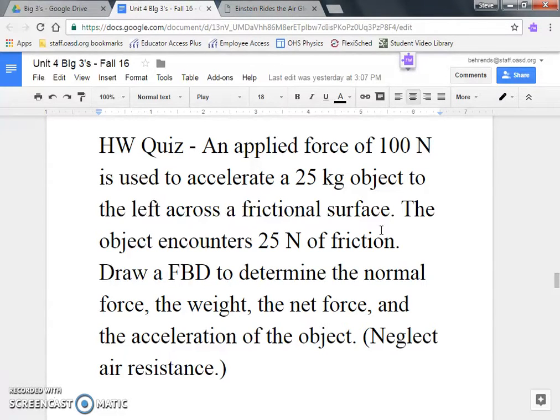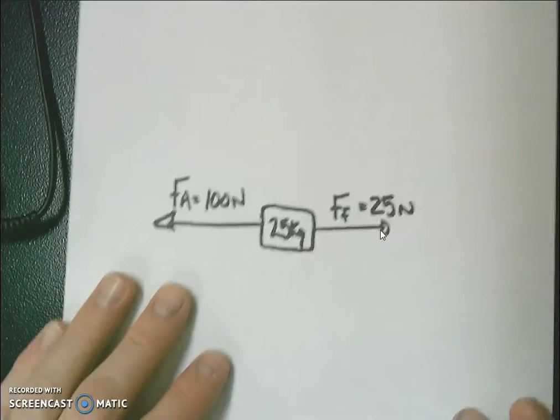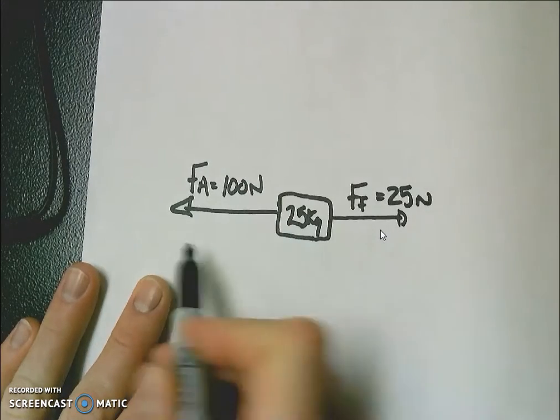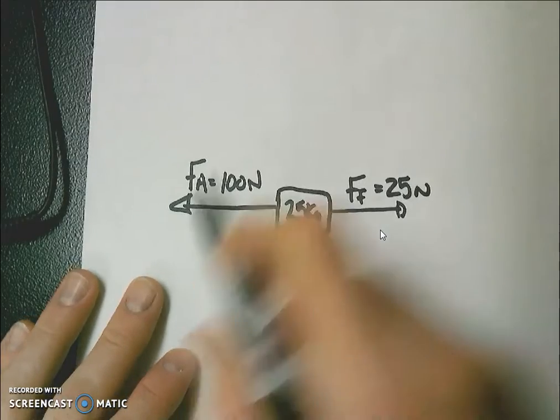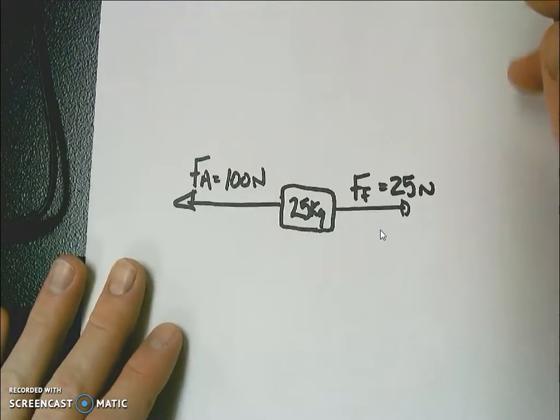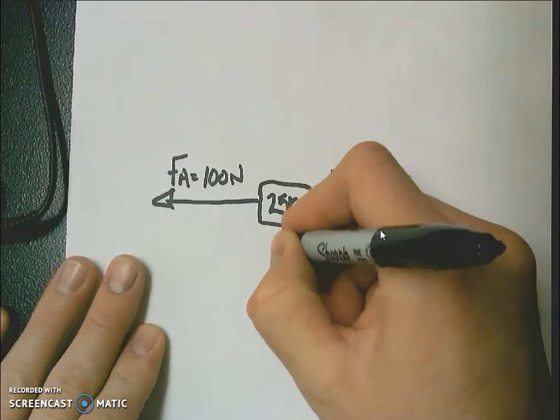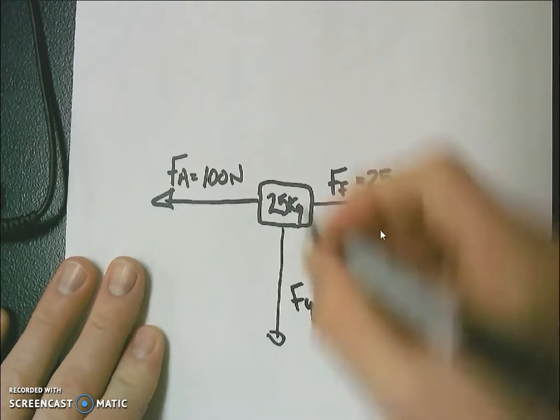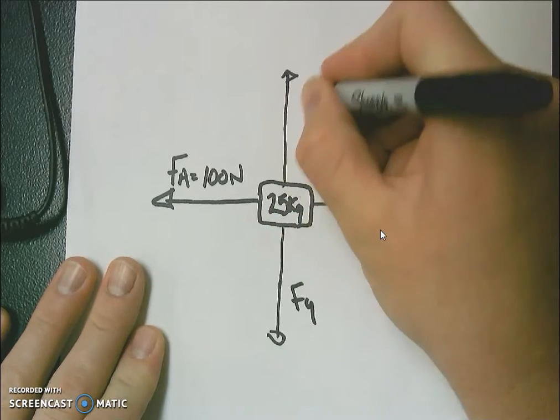If I were to work through that problem, this is what I was given: a 25 kilogram object on a frictional surface, so there's a friction of 25 newtons and a force applied of 100 newtons to the left. Based on our last unit, I also have a force of gravity and a normal force.